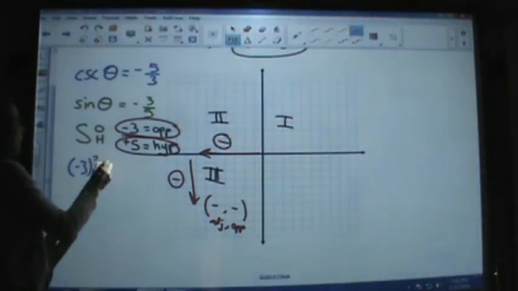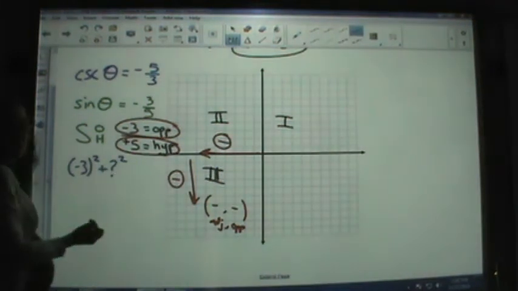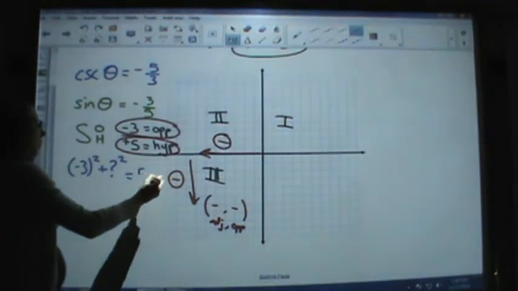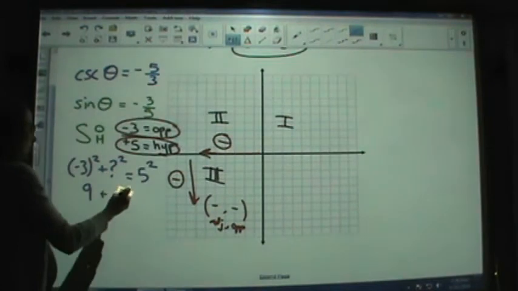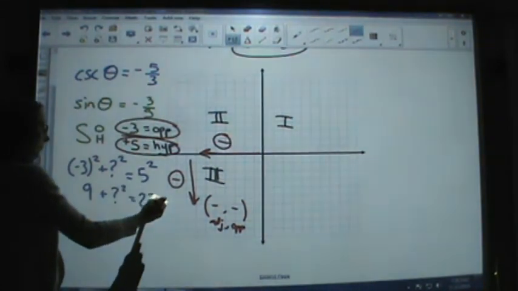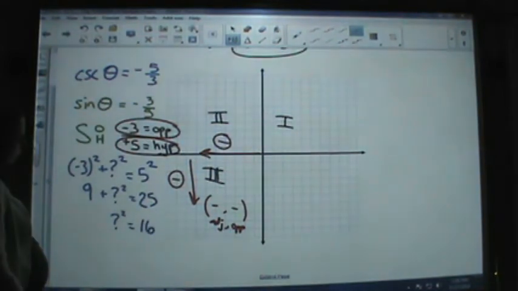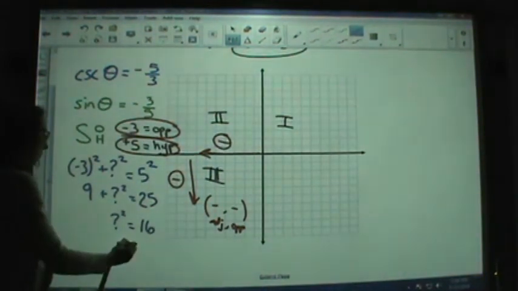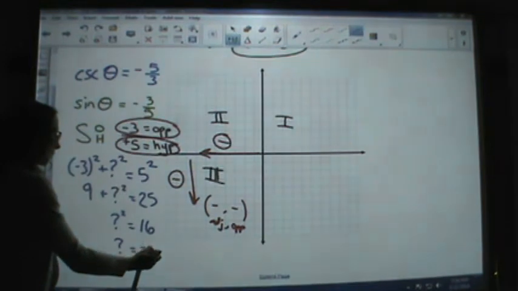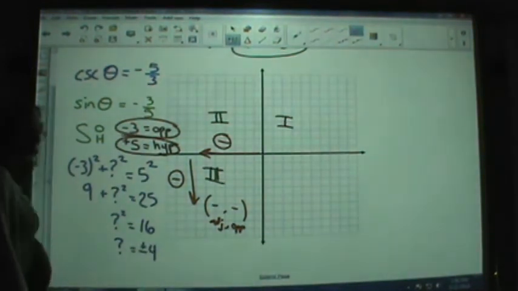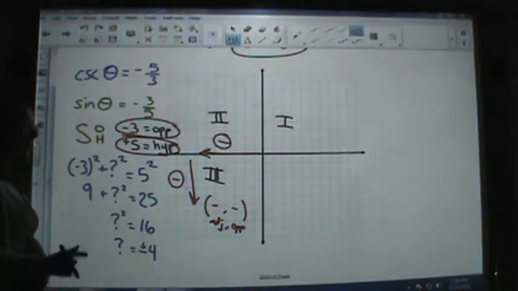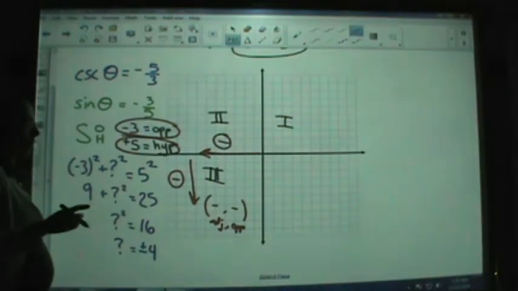Opposite is a leg. When squared and added to the other leg, we'll get hypotenuse squared. And so that means that our missing side is plus or minus the square root of 16, which would be plus or minus 4. But it's not both, and it's not one or the other willy-nilly.